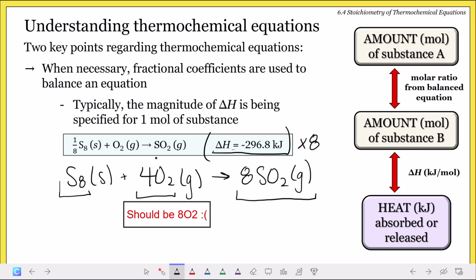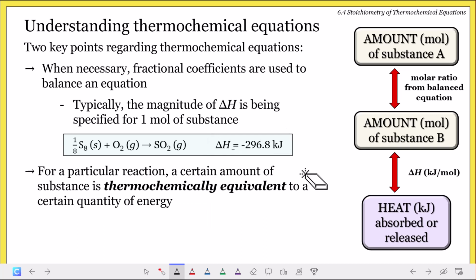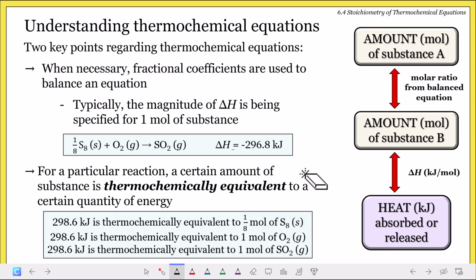And this provides a good segue into our next important consideration when we're doing these stoichiometry problems. For a particular reaction, a certain amount of substance is thermochemically equivalent to a certain quantity of energy. Keeping in mind this same example here, we're saying that this 298 kilojoules is thermochemically equivalent to each of these quantities of substance.